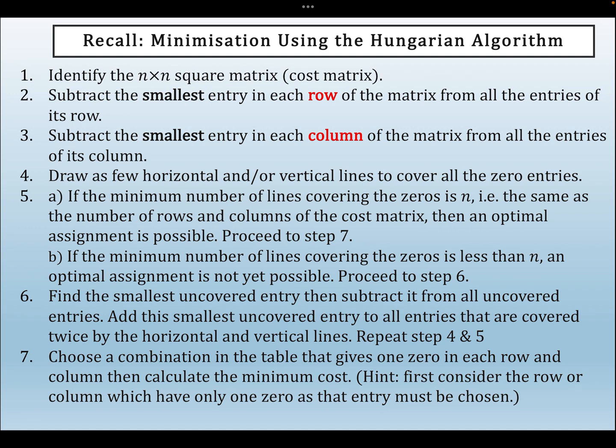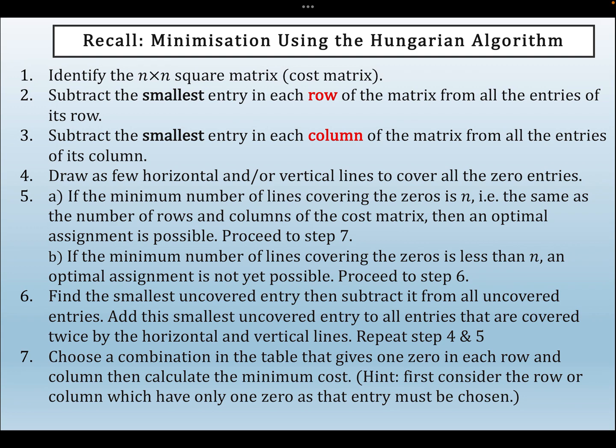Now, you will get an optimal solution if the number of lines equals n. If not, you've got to look for the smallest uncovered entry, then subtract it from all uncovered entries, and add that number to the entries that are covered by 2 lines, and then repeat step 4, which is drawing the least number of horizontal or vertical lines to cover all the 0 entries.